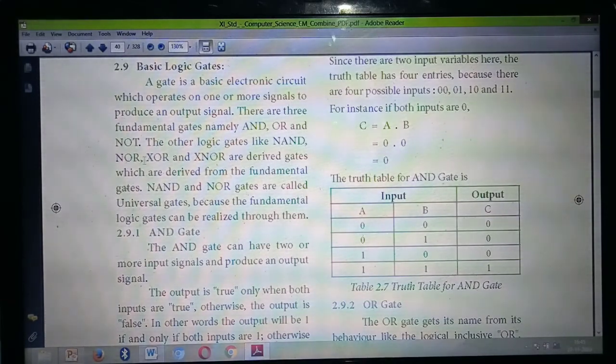The logic gates like NAND, NOR, XOR and XNOR are derived gates. These two lines. This is the fifth 2 mark question.